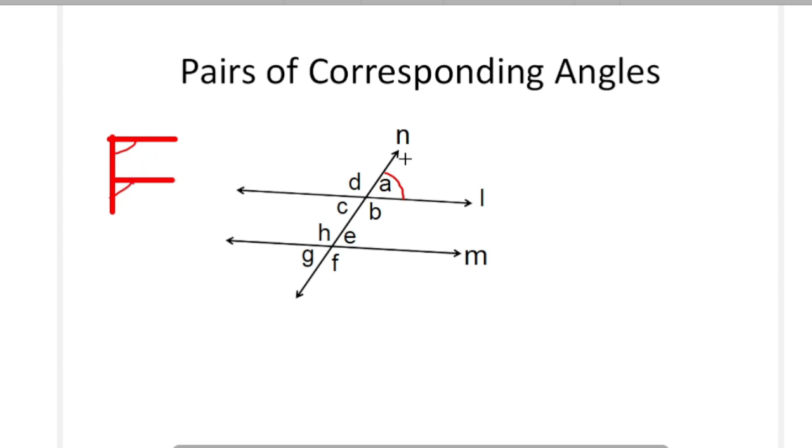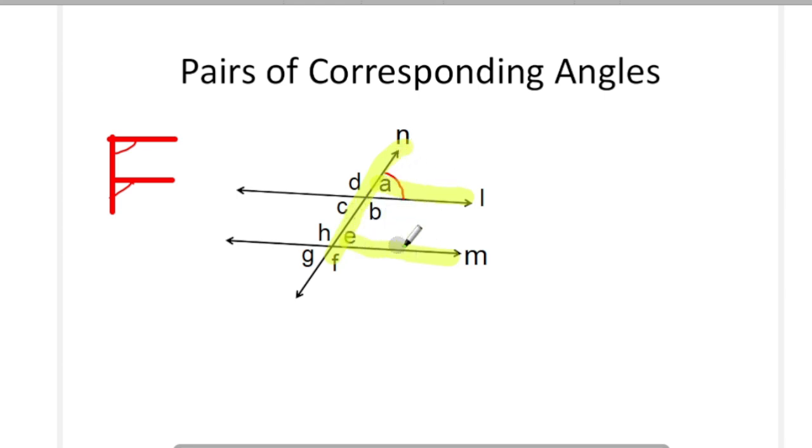Now from this we can find in this figure. Now see, here is angle A. Now see this line. See, there is F. I have highlighted this with yellow color.